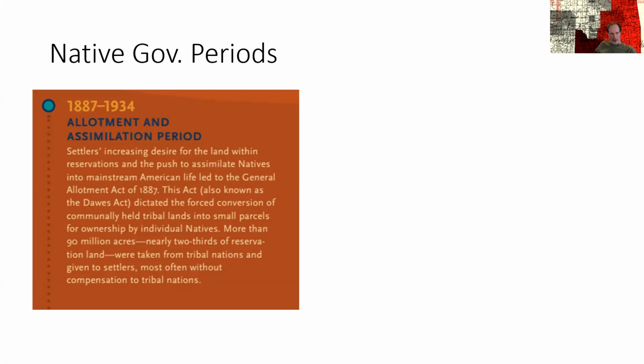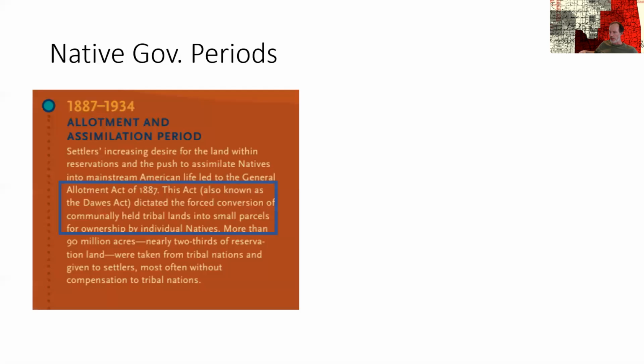So if we have this long period, I'm going to skip before the Civil War. We're starting in 1887, this generation past the Civil War. And here we have the Dawes Act. What this did, in part, and there are other parts to it too, was take away this idea of lands held by a community.